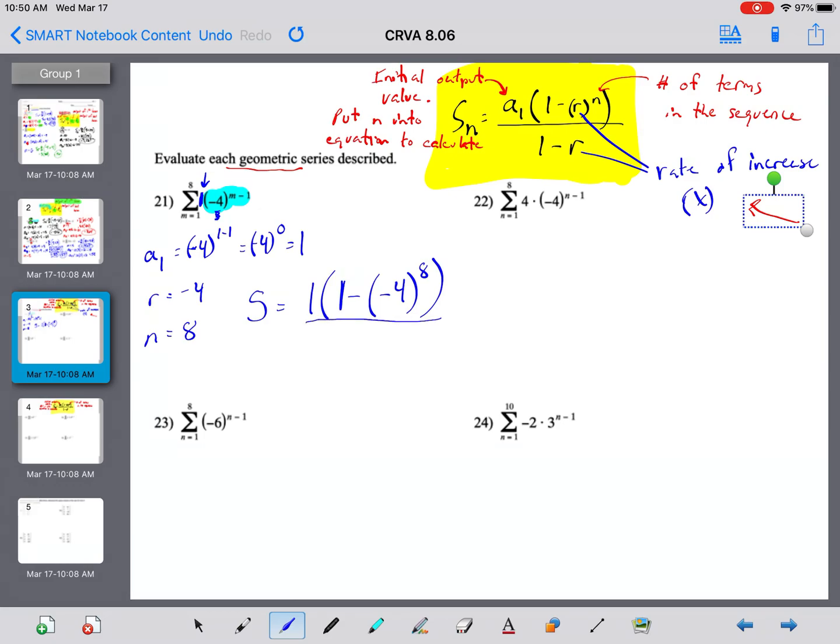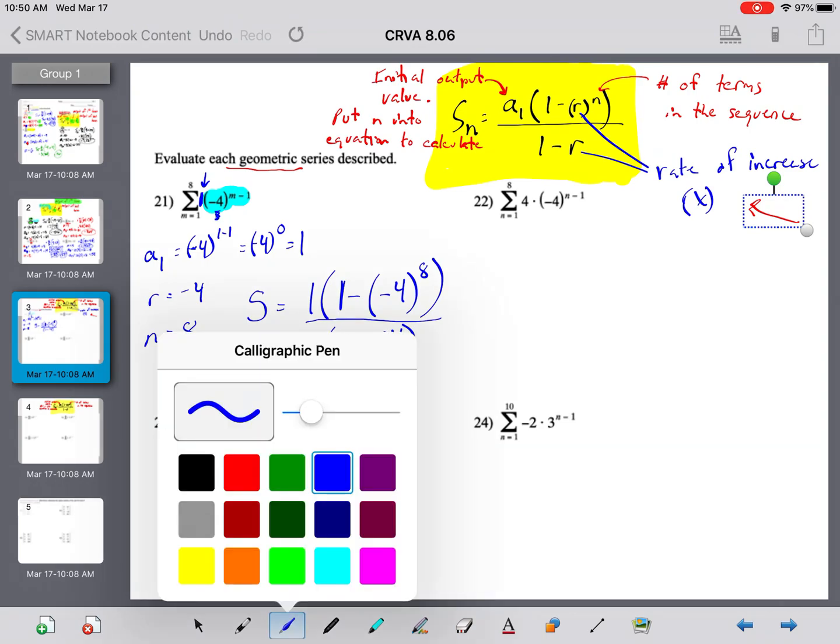And folks, this is what I typically punch into my calculator first, is this output, and then we divide that by 1 minus the rate, which is negative 4. Notice that's a double negative there, folks, so that really is going to equal 5.